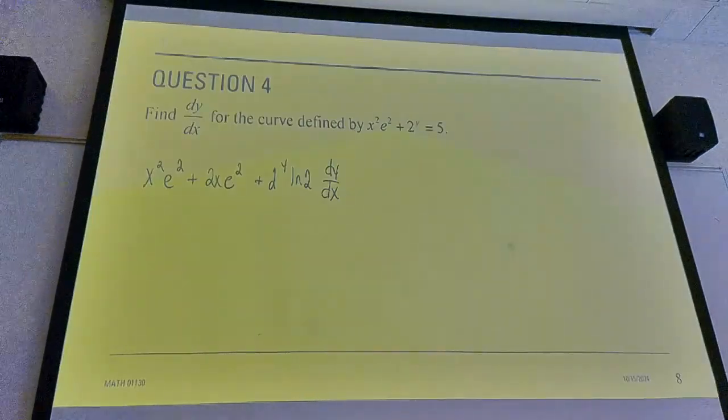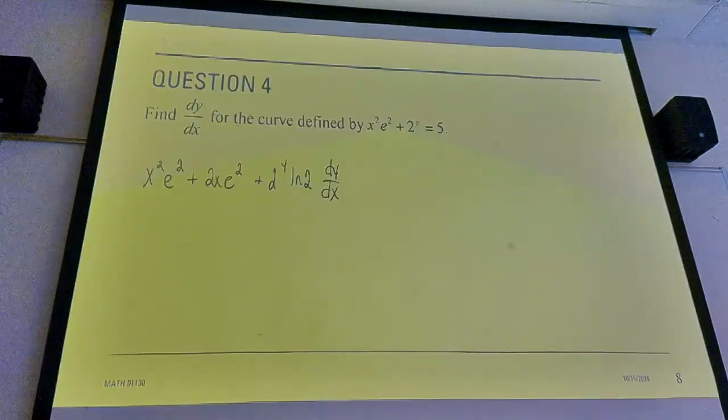Is it missing a 2 times the x squared e squared? I agree there are issues with that term. Shouldn't be there.